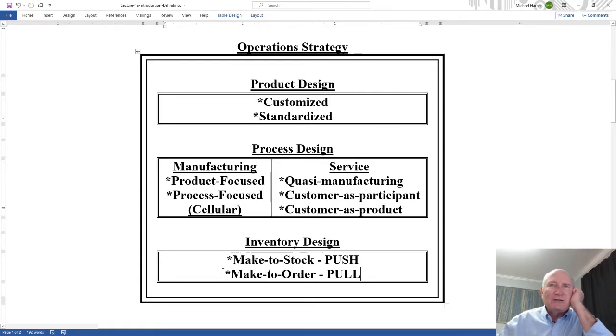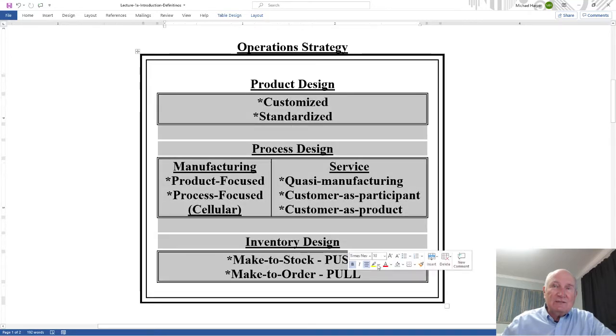So if you have a make to order, then that probably can match up very easily with a process-focused process design, which is a customized product design. So these things can match up, and historically they have. But technology has begun to blur these boundaries such that you can have characteristics from all these different strategies.